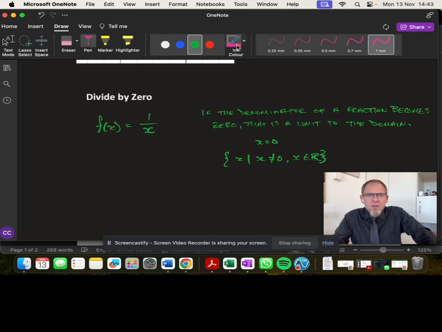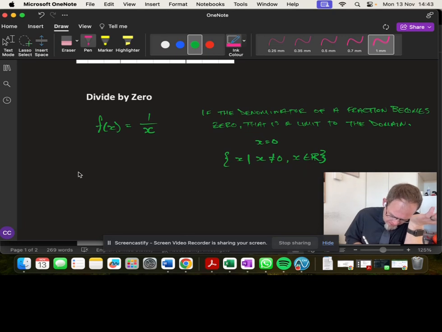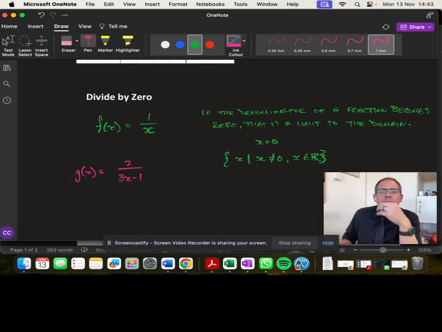Let's look at something that's maybe a little bit more complicated. Something more complicated in this case would be if g of x was equal to 2 divided by 3x minus 1. So we're going to follow that exact same thing we did before.